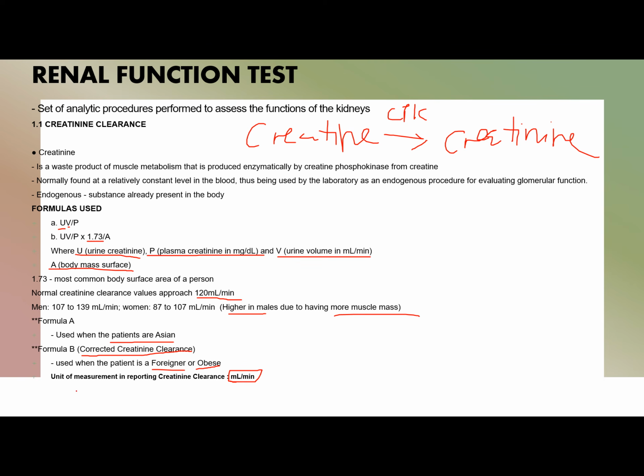So, paki-take note yung formula, ha. Gagamitin mo yung formula A kapag ang pasyente mo ay Asian. Pero kapag foreigner or obese, doon ka sa letter B. Iko-consider mo, class, yung body surface ng tao. Bakit? Remember, kapag foreigner ka, you tend to become larger. Kapag obese ka, malamang sobrang taba mo. So, you would have a wider body surface.